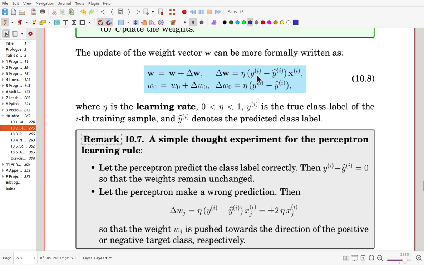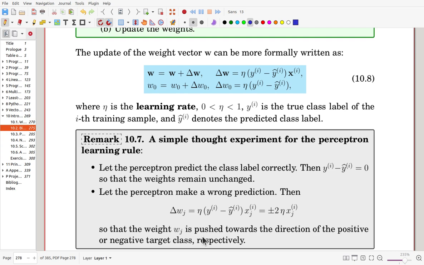If it is the reverse, it must be minus 2. So this whole thing is plus or minus 2 eta x, so that the weight wj is pushed toward the direction of the positive or negative target class.